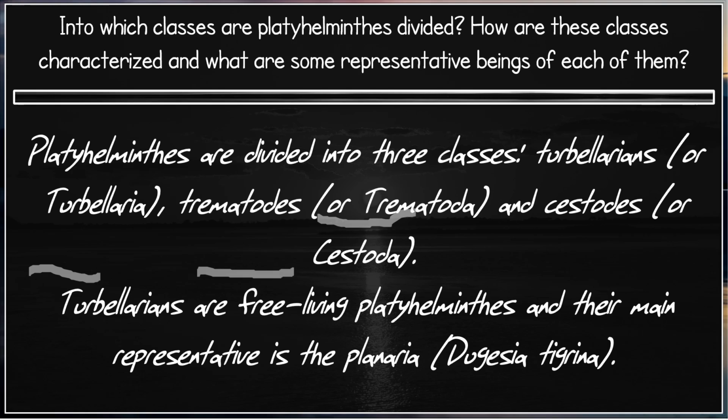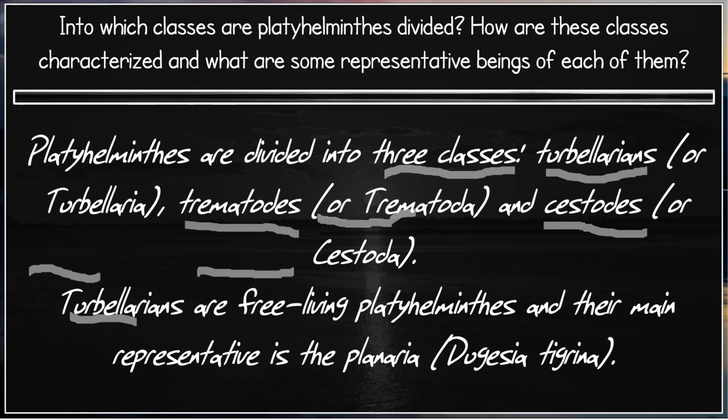Platyhelminthes are divided into three classes: turbellarians, trematodes, and cestodes. Turbellarians are free-living Platyhelminthes, and their main representative is planaria, Dugesia tigrina.